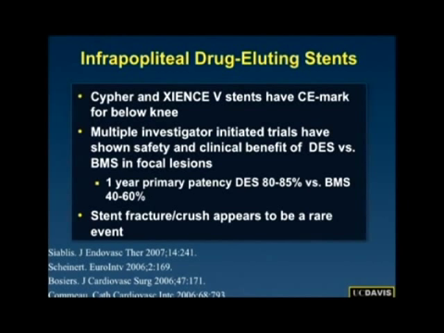And there is basically a benefit in terms of patency, angiographic or otherwise, in terms of DES versus BMS, but less convincing data in terms of freedom from amputation or other clinical endpoints. I had always thought that stent fracture or crush in the below the knee would be an issue, but that appears to be a very rare event. So I think that at least for shorter lesions, you can use stents in that area.